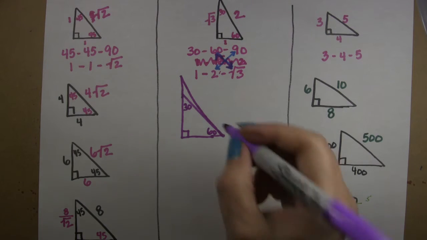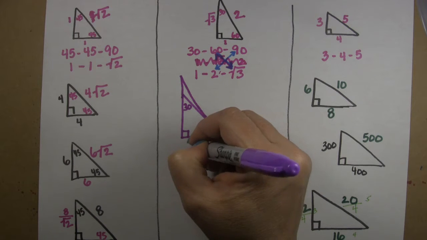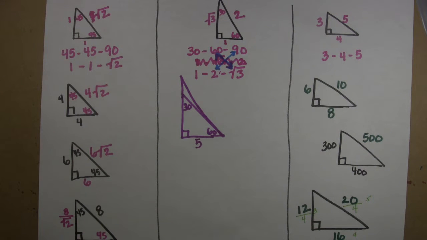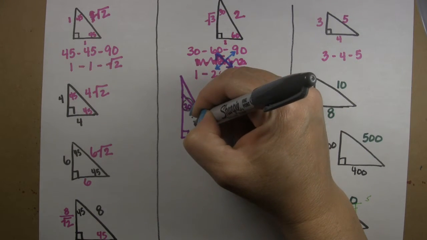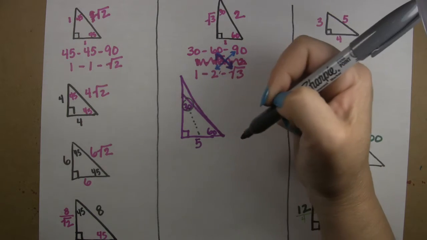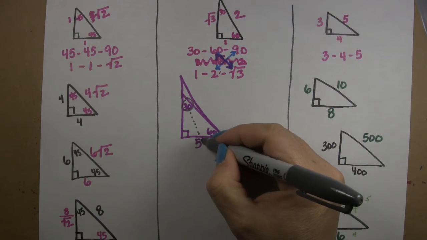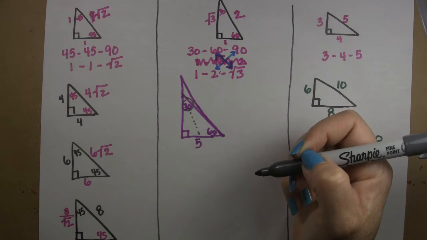We know that it's a 30, 60, 90 triangle, and we know that this is side length 5, okay? We know that this is going to be the smallest side because it is across from the smallest angle measurement, right? 30 is our smallest angle measurement, and that's going to be across from our smallest side length, which is 5.